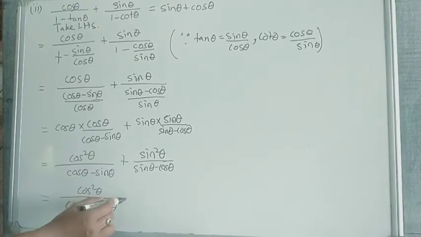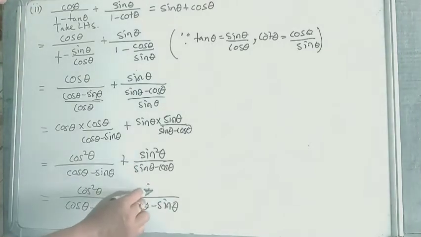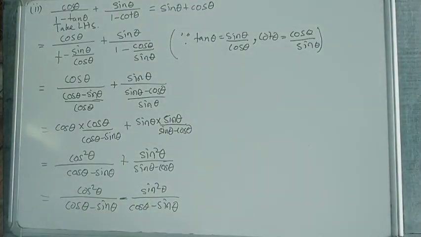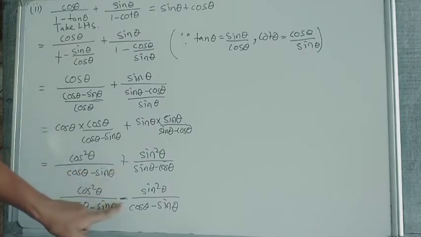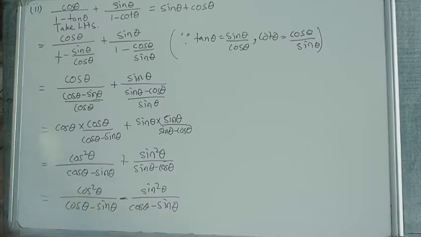This plus I will make into minus. So this gives cos theta minus sin theta, and upper one we did nothing, sin square theta. Is it clear? This plus became minus, so the whole thing has its sign changed. So cos became positive, sin became negative.